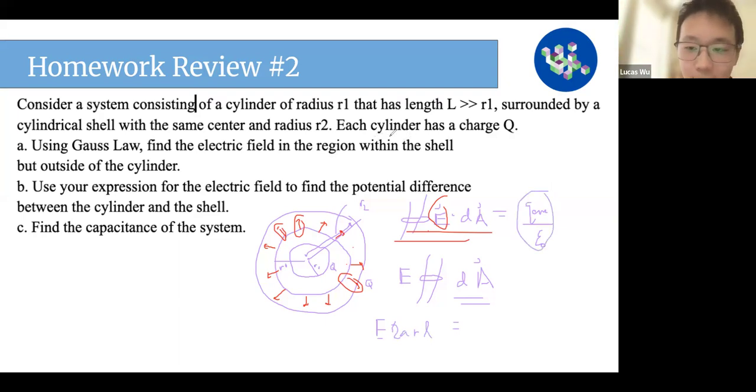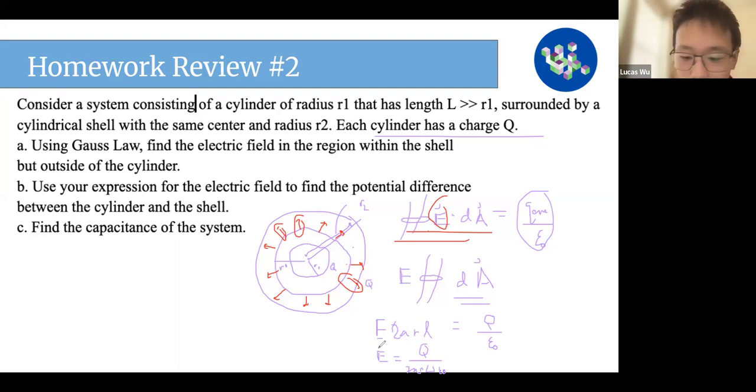Given that the cylinder has a charge Q, it equals Q divided by epsilon zero. So I get an expression for the electric field: E equals Q divided by 2 pi R L epsilon 0.